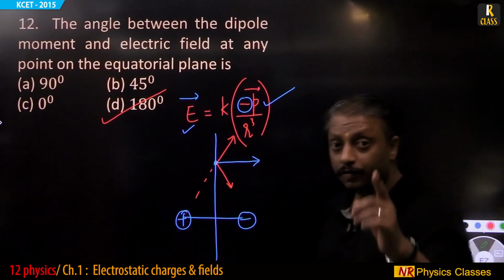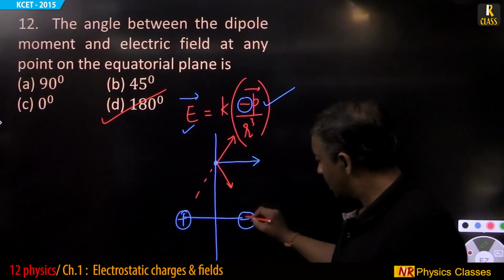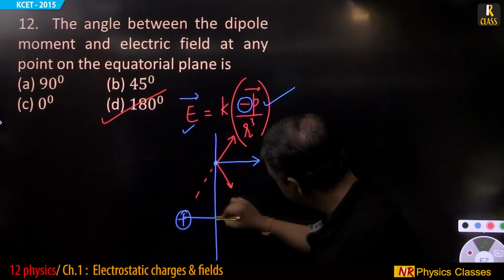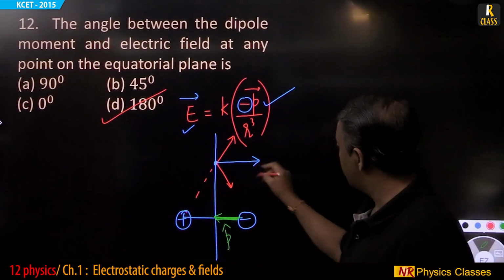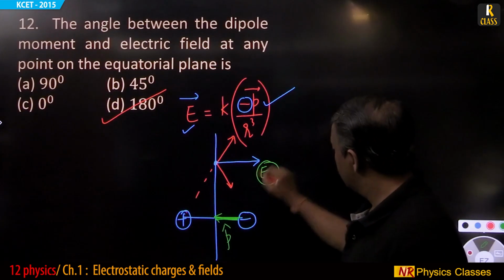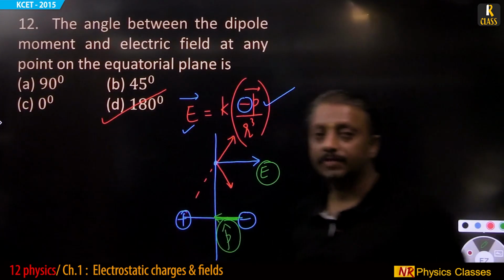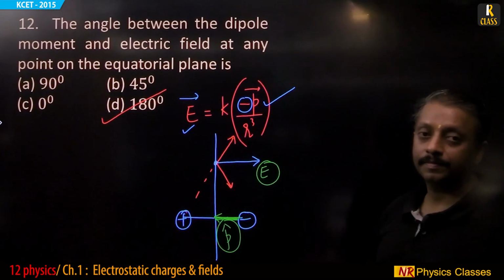And what's the direction of electric dipole moment? Stick to basics. It is always from minus q to plus q along the line joining the charges. So this is P cap, and this is resultant electric field. And these two are in opposite directions. Therefore, 180 degree. Either use equation or use the concept.